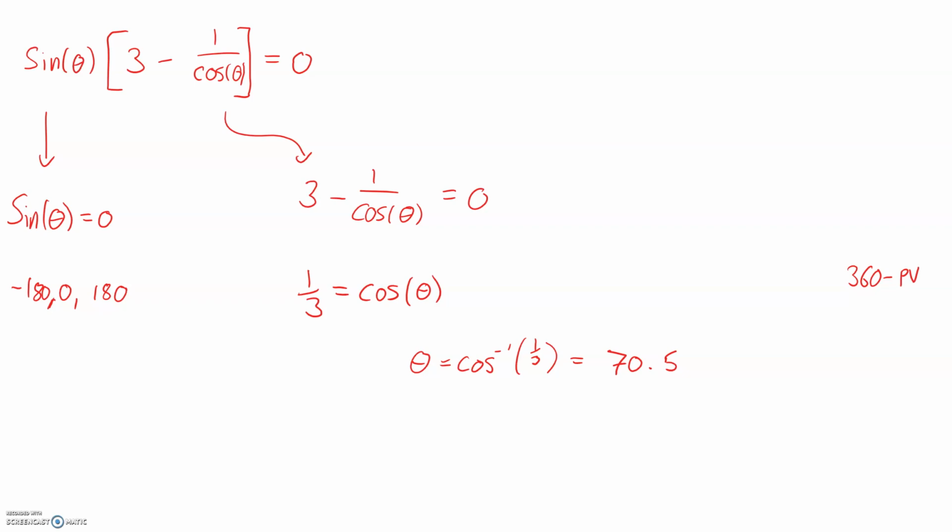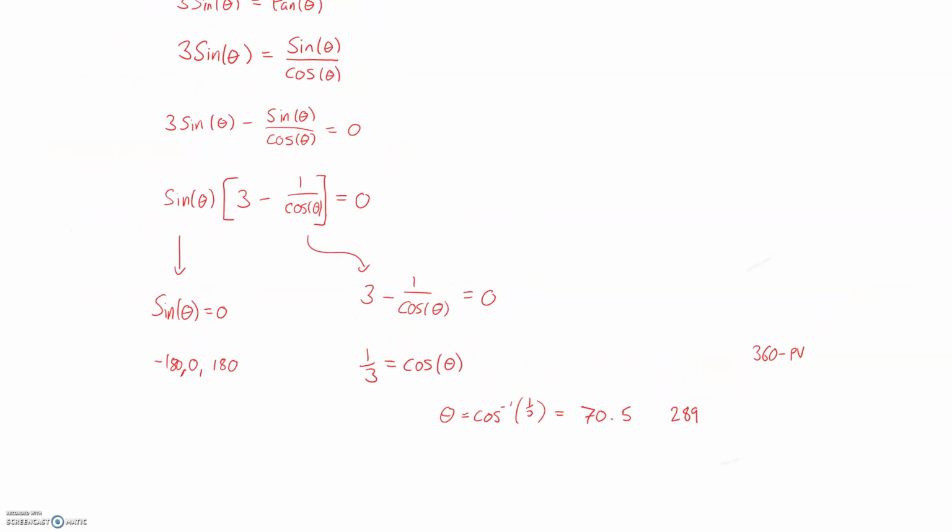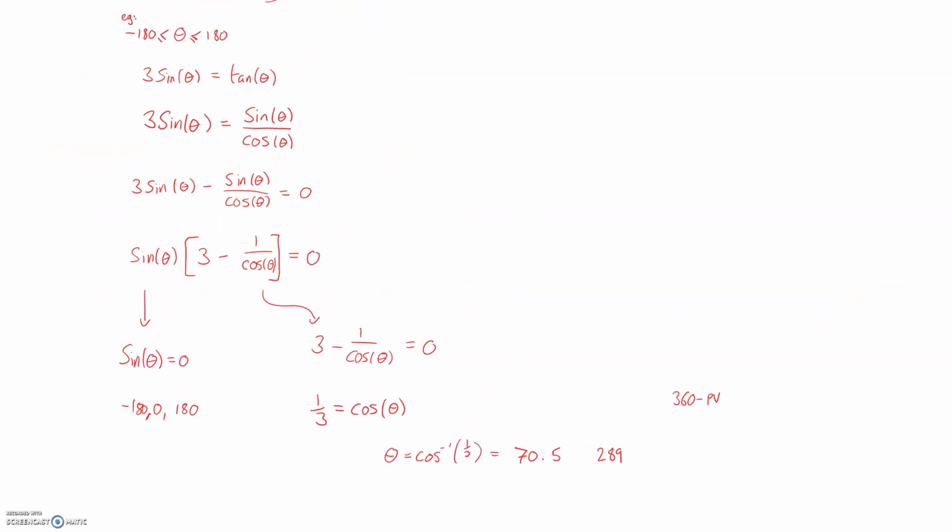So 360 minus this answer is 289.5, or just 289 to 3 significant figures. And I then need to make sure I have all the solutions within my original range, which, as we can see from the beginning of the question, was between minus 180 and 180.